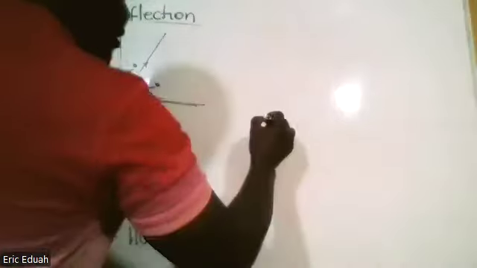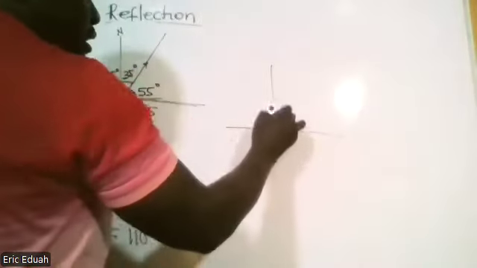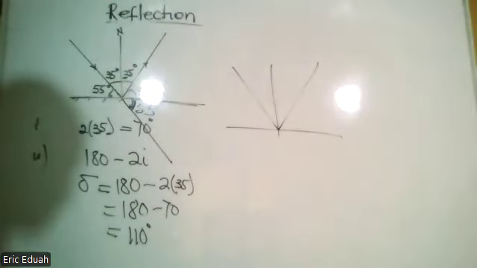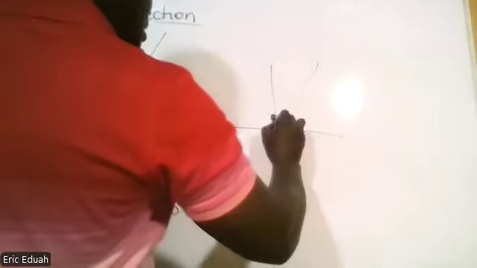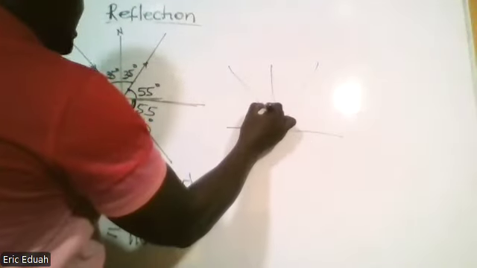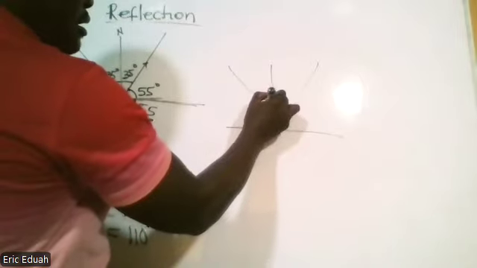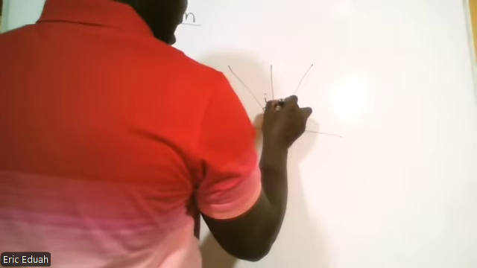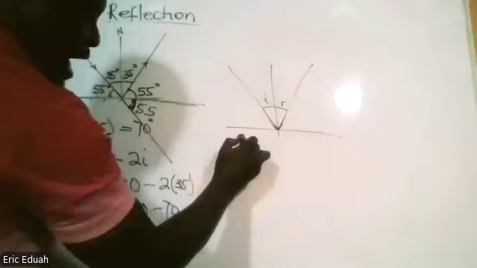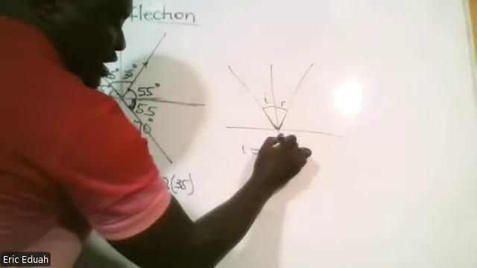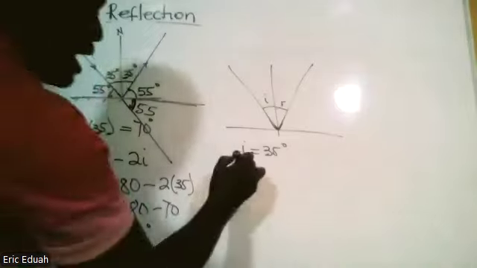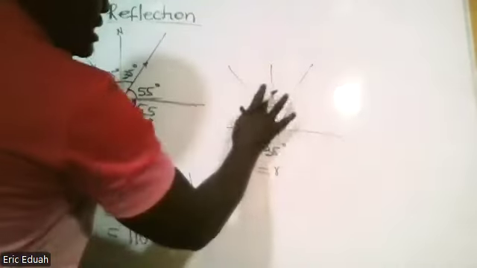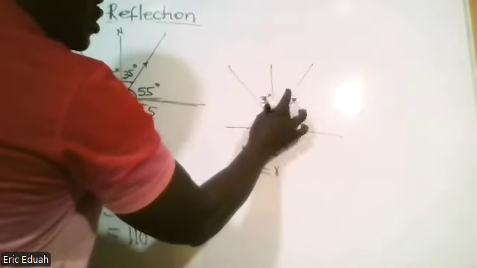Okay, so we are looking for the angle between the incident ray and the reflected ray. The angle of incidence is equal to the angle of reflection, R. If I'm given I to be 35, and the rule says that I is equal to R, then this is 35, and so is this angle.